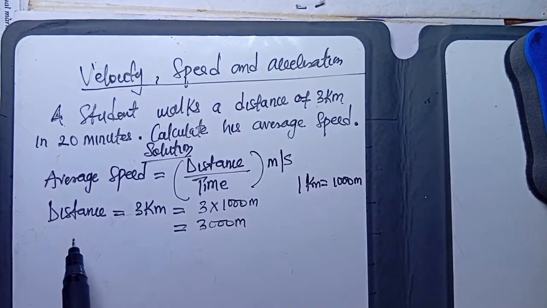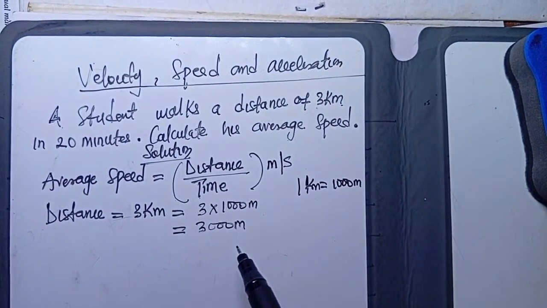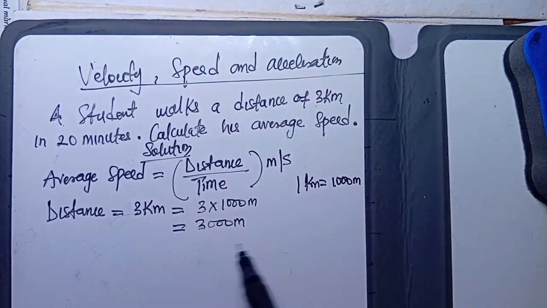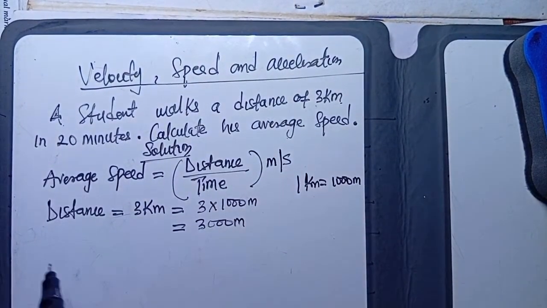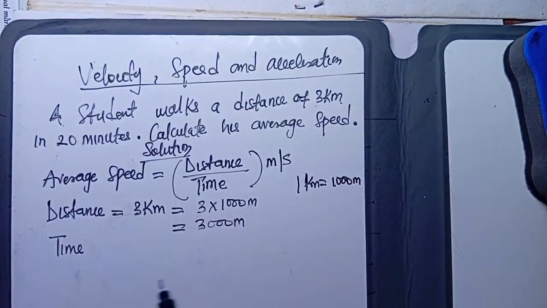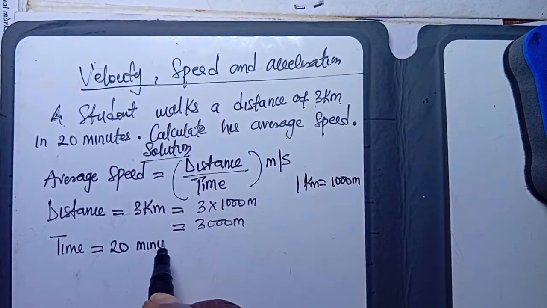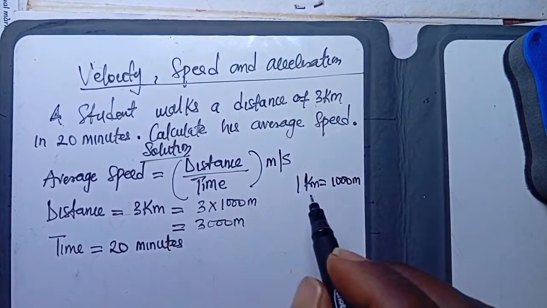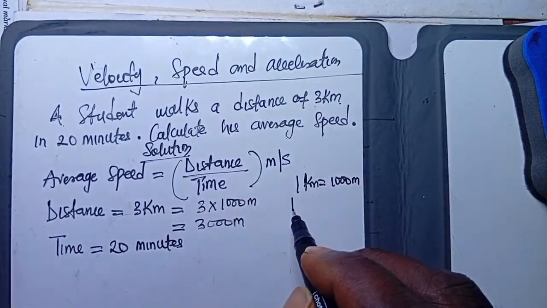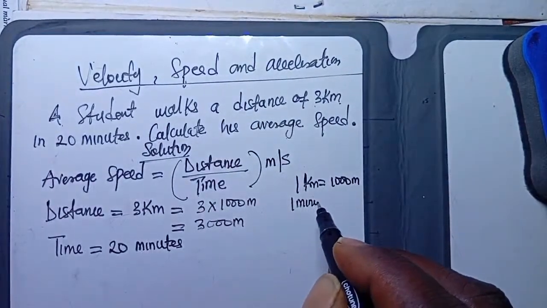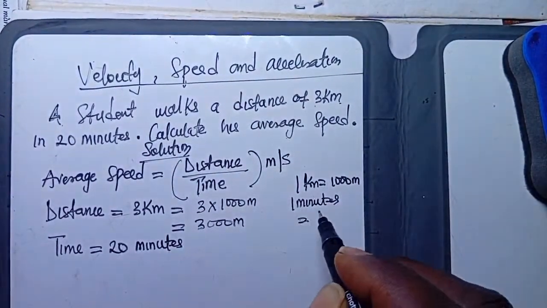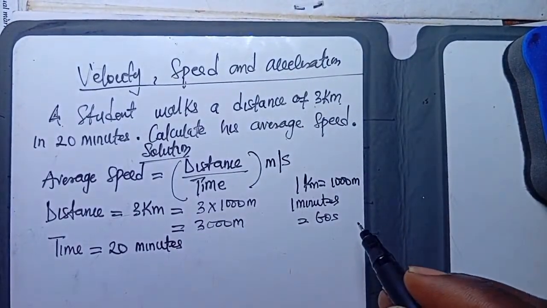So if our distance is 3,000 meters and we were given time to be 20 minutes, and remember that 1 minute is equal to 60 seconds.